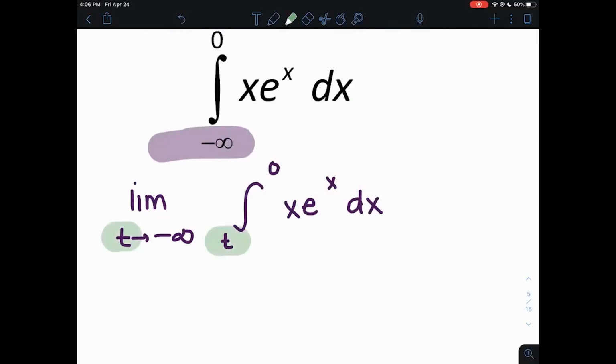I'm using t here. It doesn't matter what variable you use, as long as you are not going to use the same variable you have in your actual integrand. Pick something to replace that negative infinity with and turn that into a limit situation.